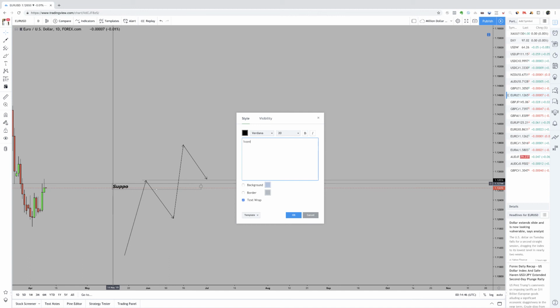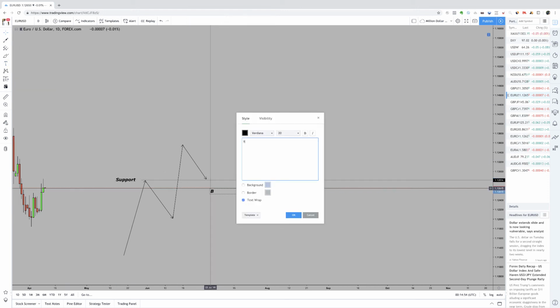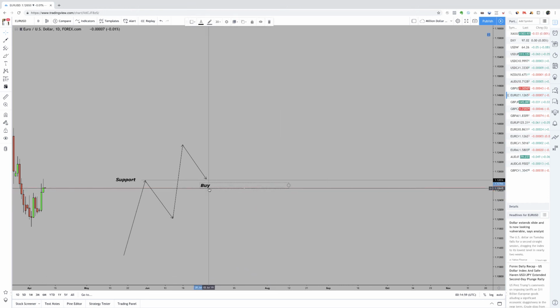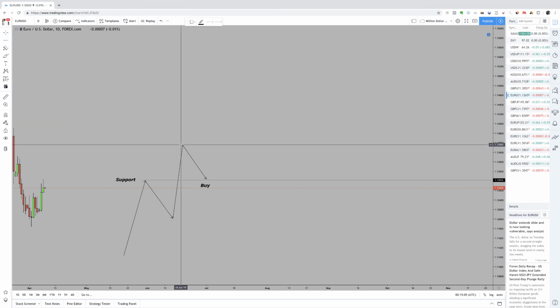This is going to be support. This is where we're going to look to buy. Now, what was your new high is going to turn into your resistance.